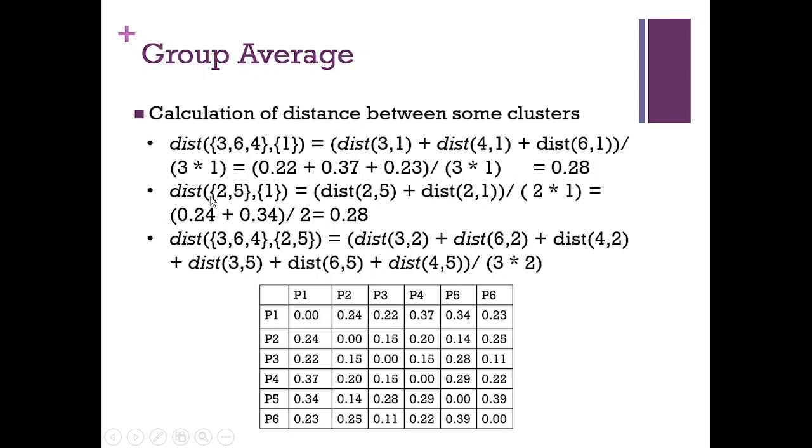Similarly, the distance between 2,5 and 1 can be computed as the distance of 2,1 and 5,1 divided by 2 times 1. Note: it was written wrongly here, please correct it; it will be the distance of 2,1 and 5,1.